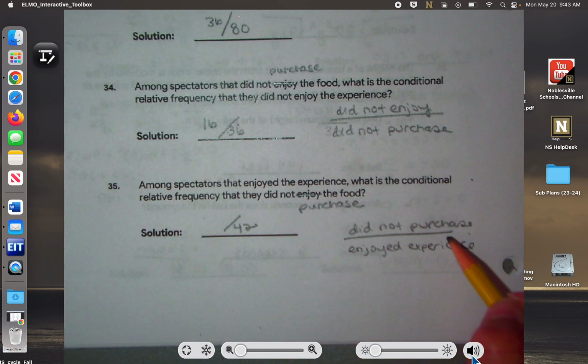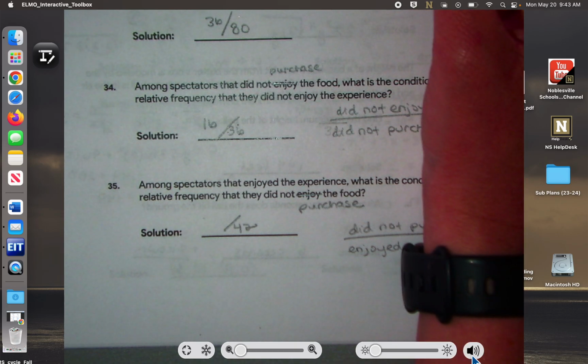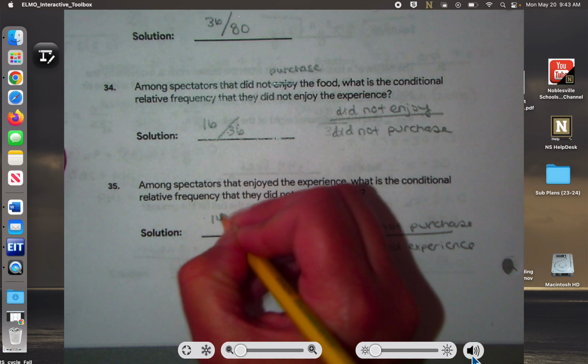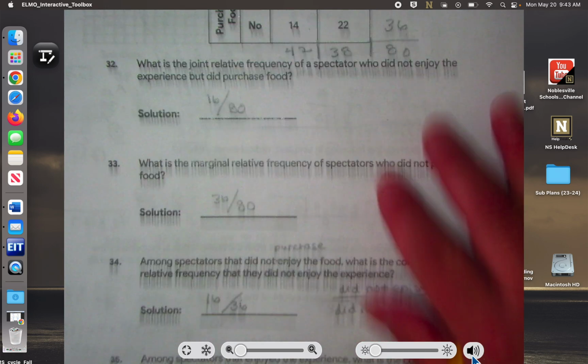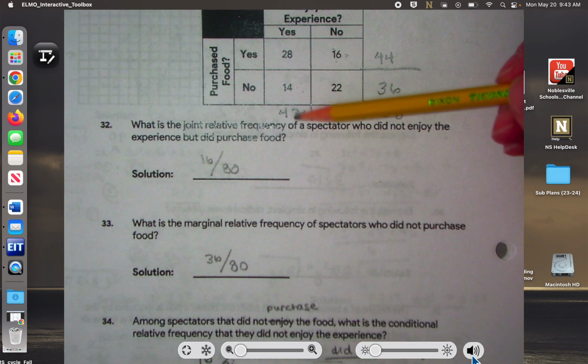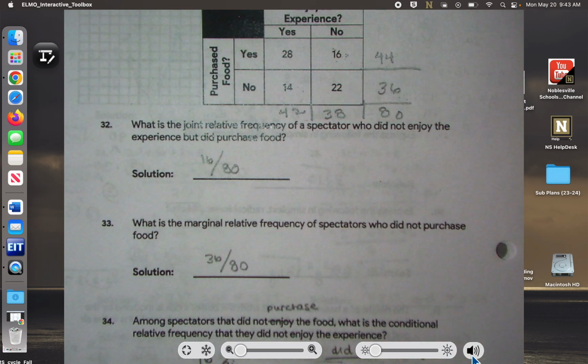And how many of those did not purchase food? So that would be 14 out of the 42. Right? So enjoyed experience, that's the entire column up there, that's 42. Enjoyed the experience. And of those that enjoyed the experience, 14 did not purchase food.